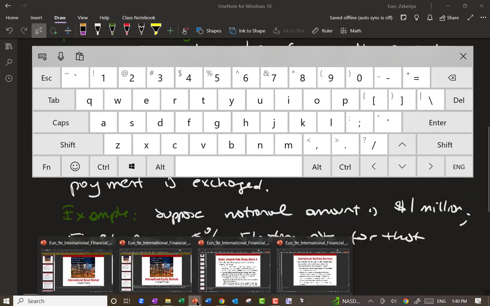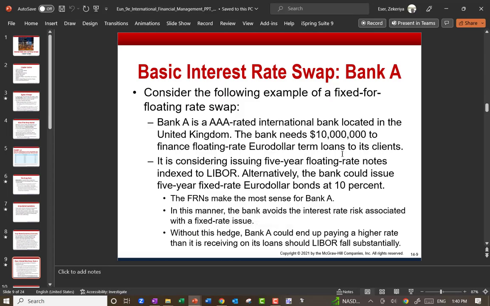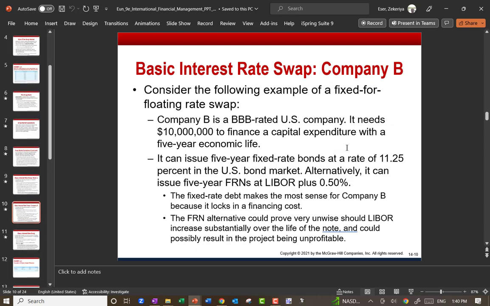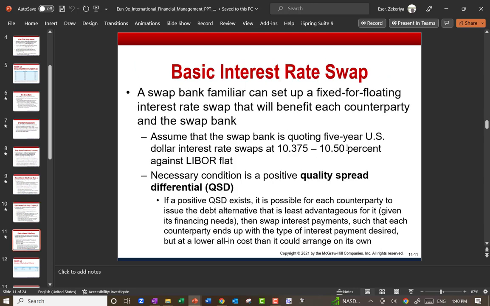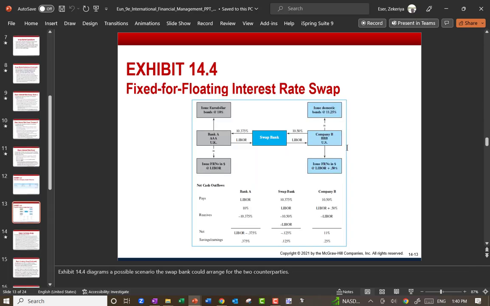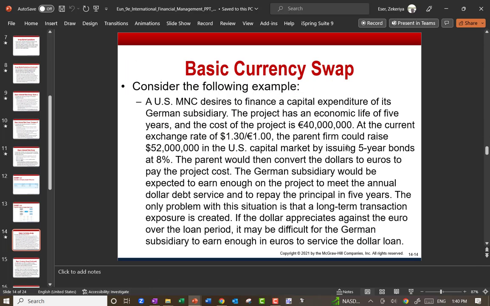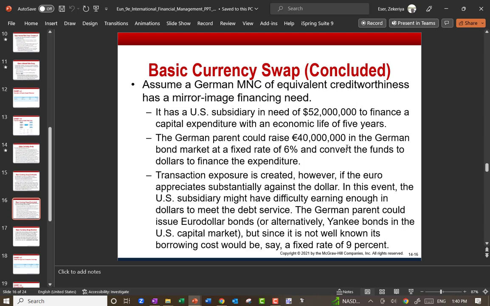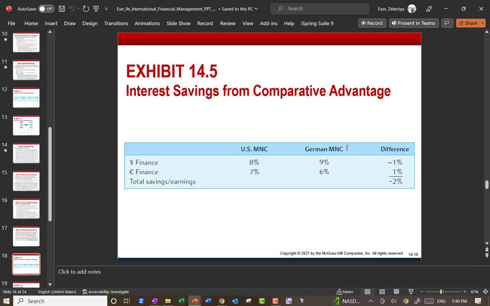Let me remember the convention of interest rate calculations. I think it's actual over 360, but well, we'll keep it simple.